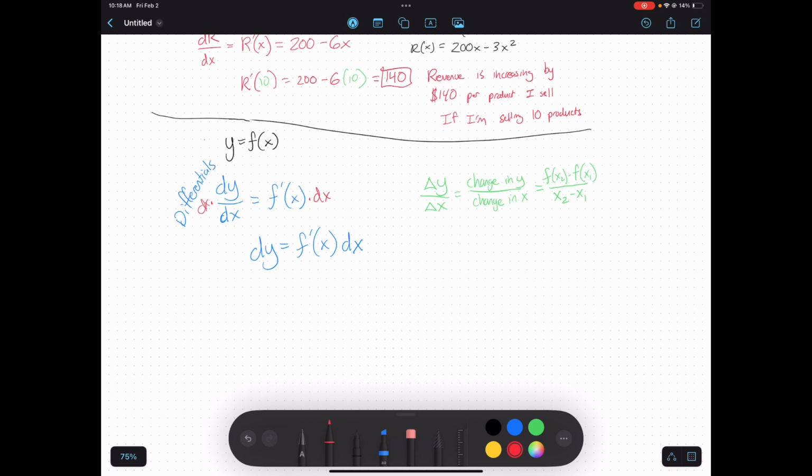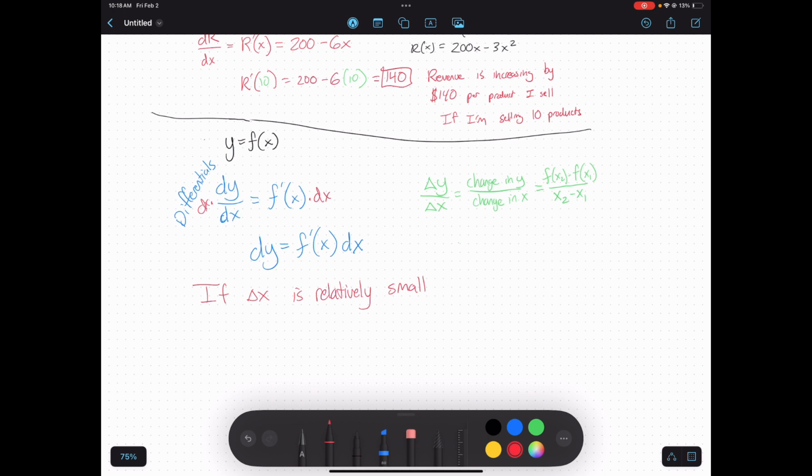But how does this relate to my delta y and my delta x? Well, it turns out that as long as delta x is relatively small, we can actually use the instantaneous rate of change to help estimate.